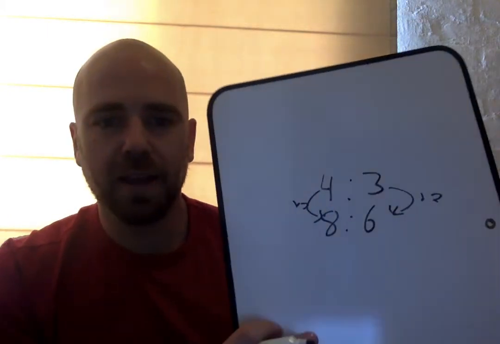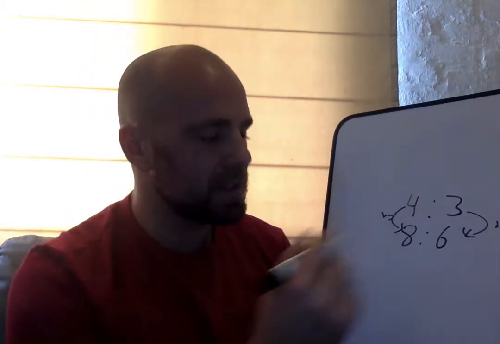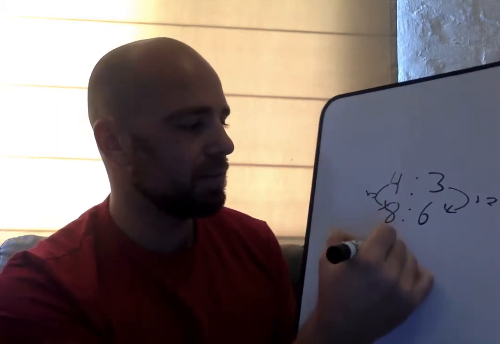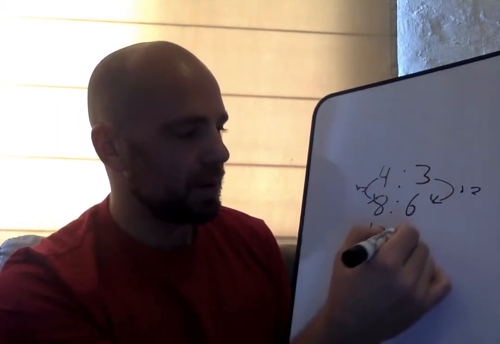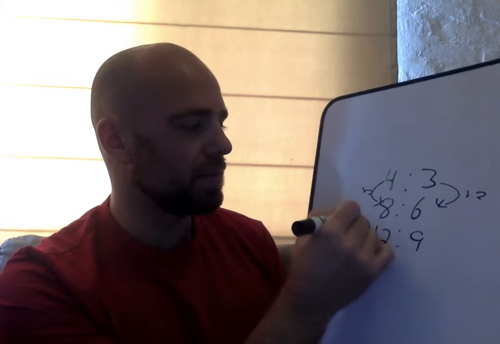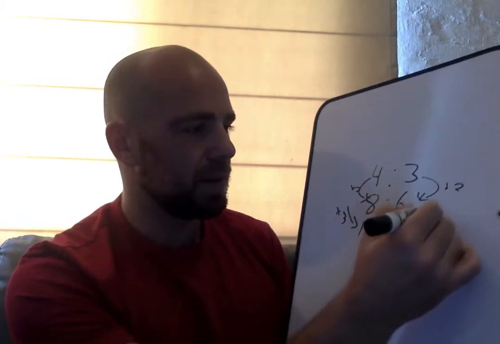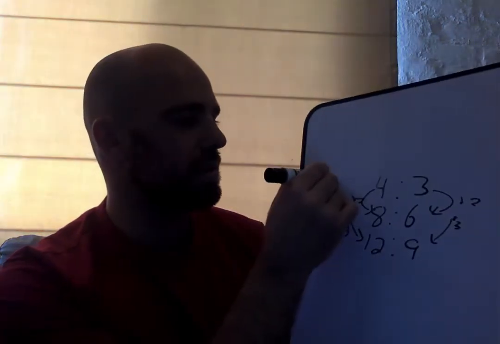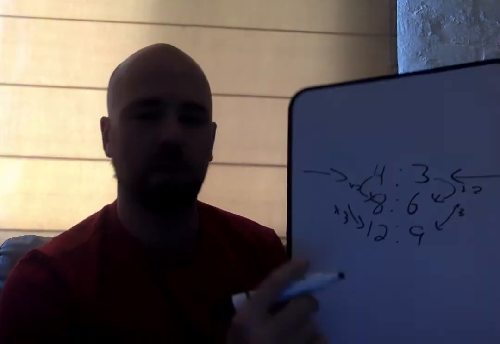I can do the same thing if I jump it up to 3. So 4 times 3 is 12, and 3 times 3 is 9. So this jump brings me here, which is times 3 from my original numbers.